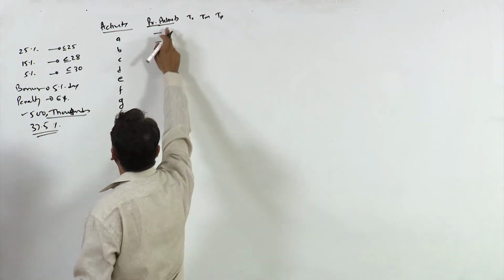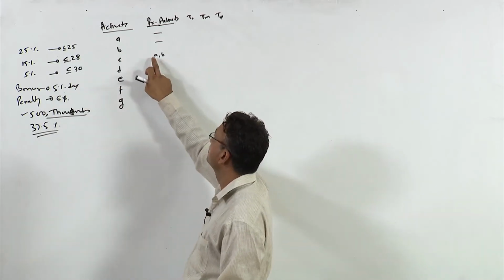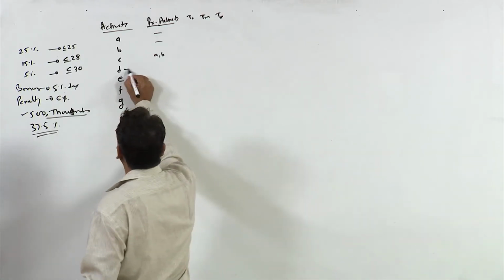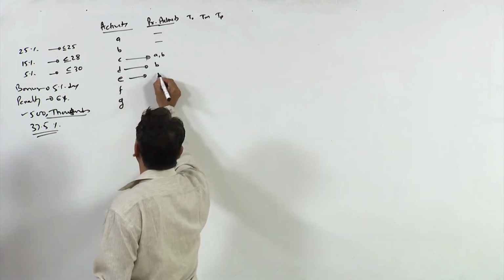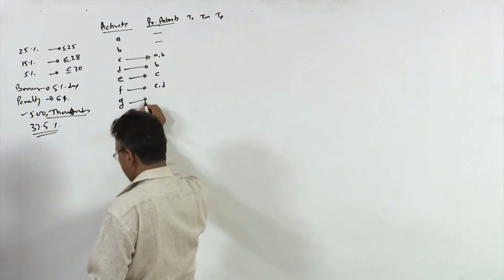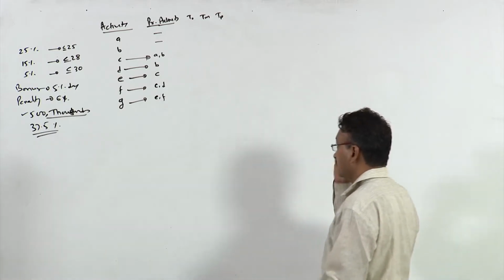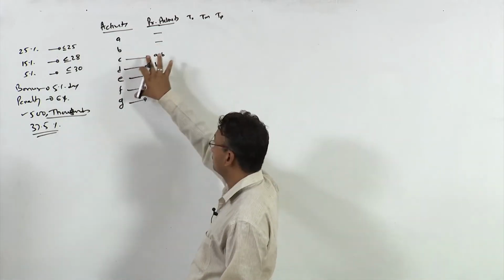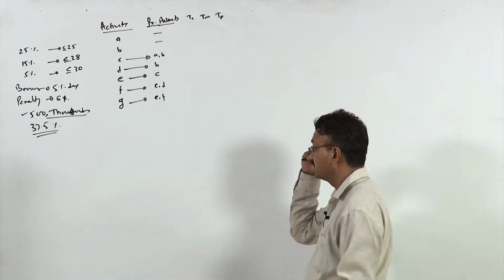A and B are the preceding activities for activity C. It means you can start activity C once you complete activities A and B. For D it is B. For E it is C. For F it is C and D, and for G you have E and F. When you draw this network, you will have to use a couple of dummy activities also, so we will draw that network too.